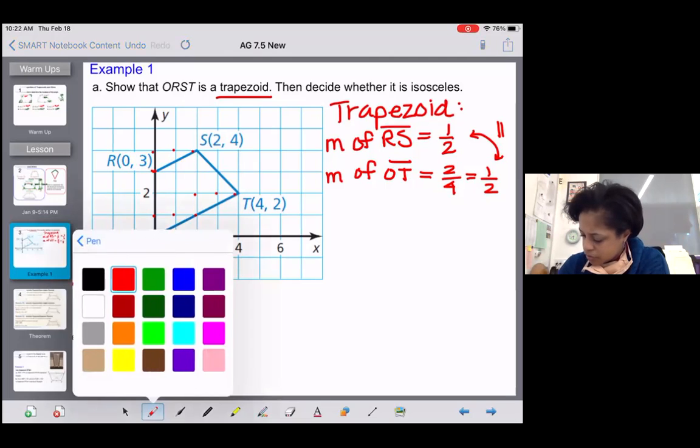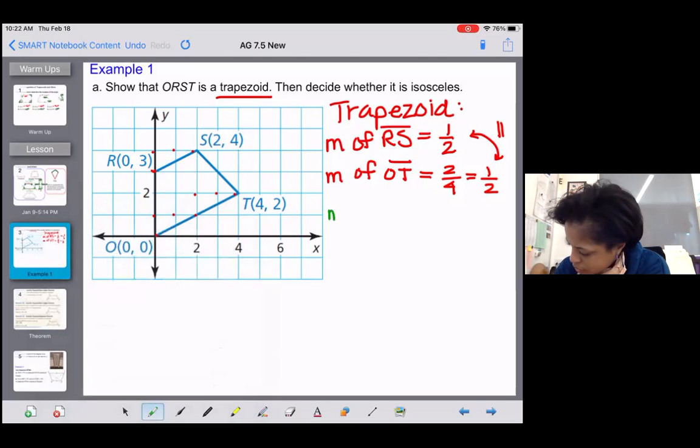Now we have to establish that the other two sides are not parallel. So here we go. The slope of segment ST: down 1, 2 and over 1, 2. So that would be down 2 over 2, which is -1.